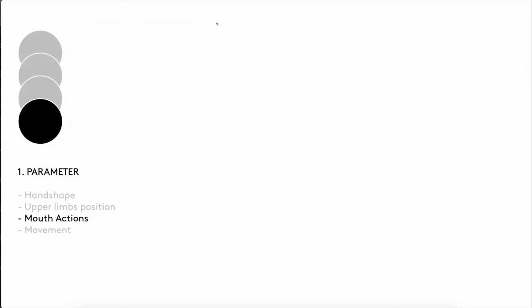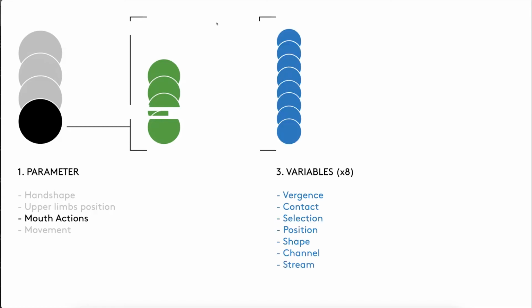First, you have a parameter, for us here, the mouth. Each parameter is divided into different parts. For the mouth, you will find the jaw, the lips, vermilion and corners, the tongue, and the use of air.